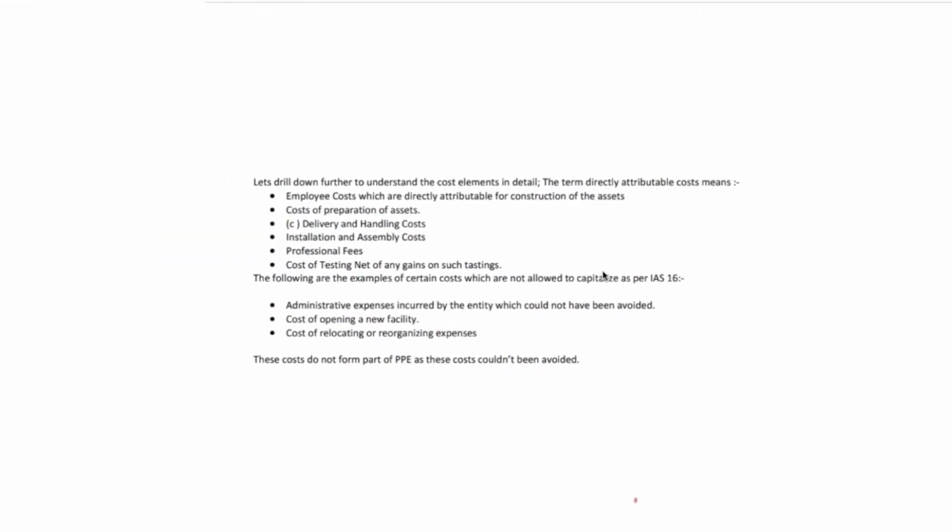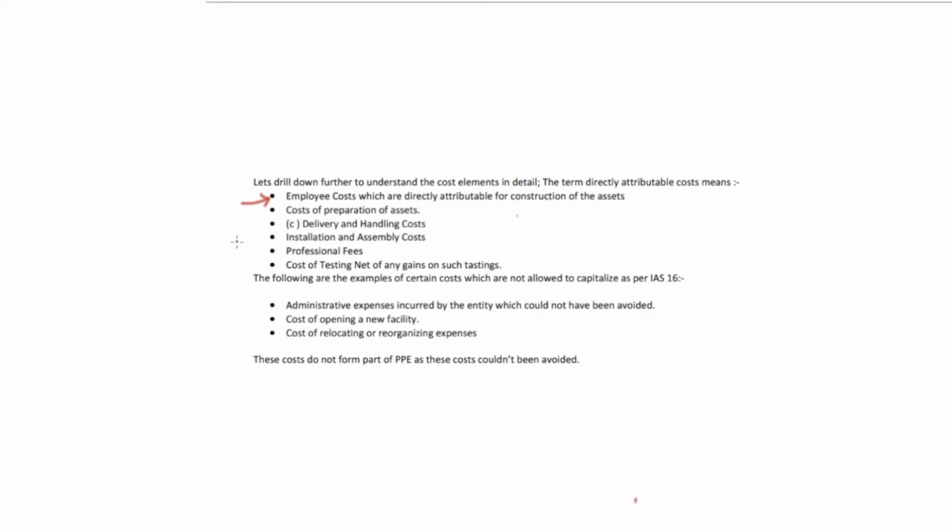Let's look at some examples of costs that are eligible for capitalization and costs that are not eligible for capitalization under IAS 16 in respect of property, plant, and equipment. The first one is the employee cost, which is directly attributable to the construction of the asset.